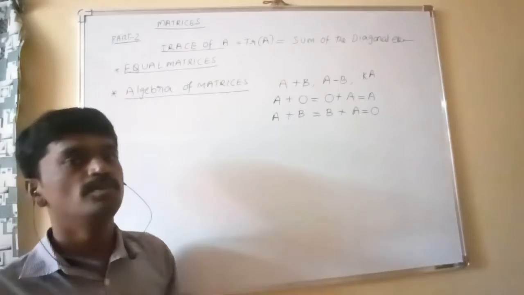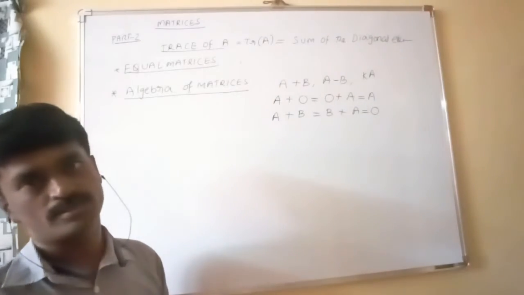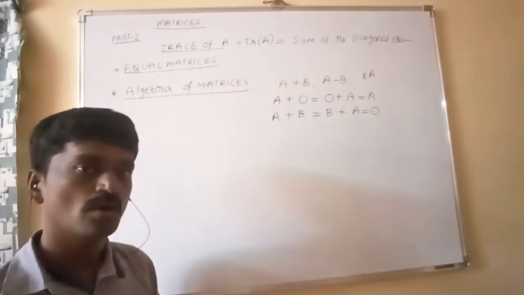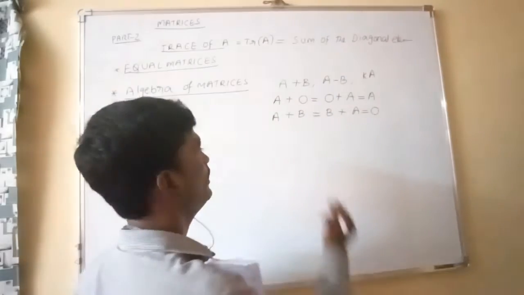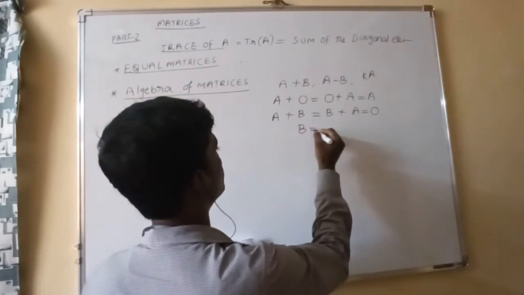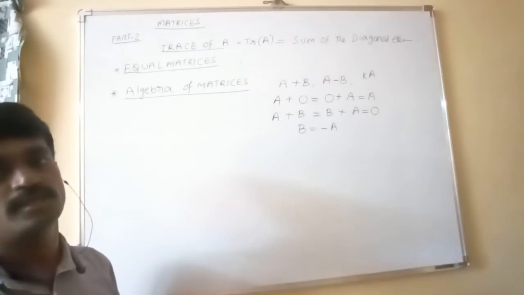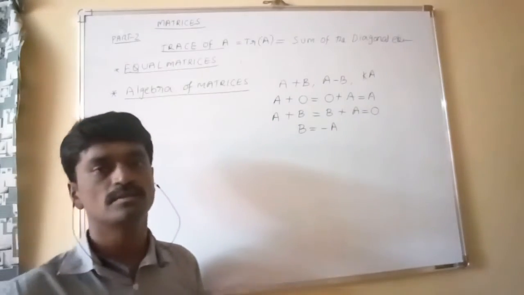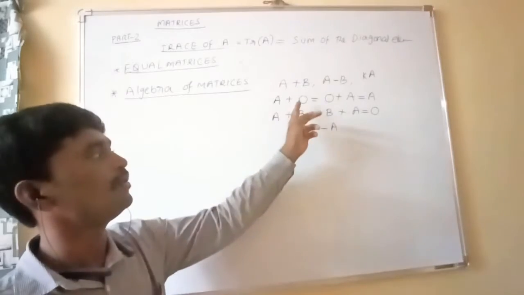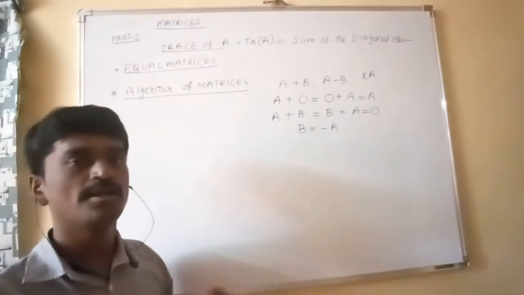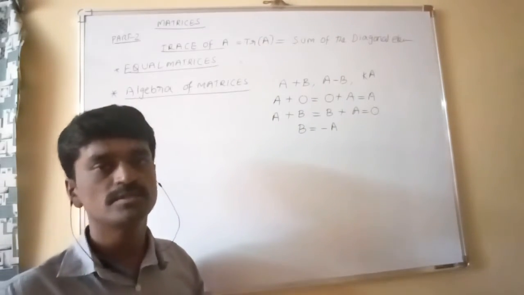Then the matrix B is called the additive inverse of A, and it is denoted by B equals minus A. So the additive inverse of A is minus A. The additive identity is 0, and the additive inverse is minus A.